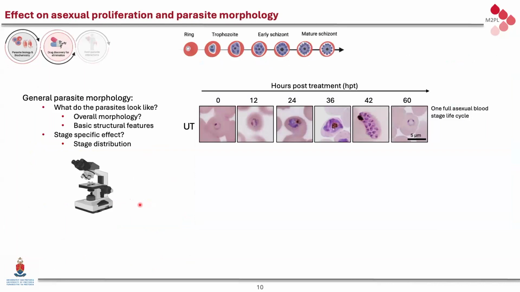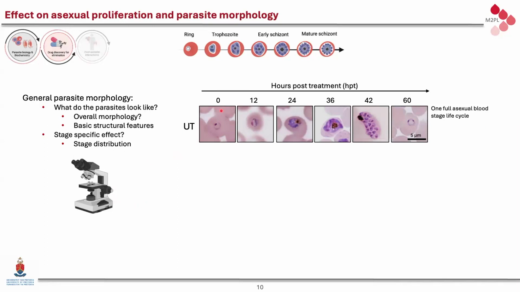First things first, we checked what effect the inhibitors would have on asexual proliferation. Here we just used a normal Giemsa-stained blood smear, where one can evaluate numerous features like overall morphology, stage distribution, as well as basic parasite structure.